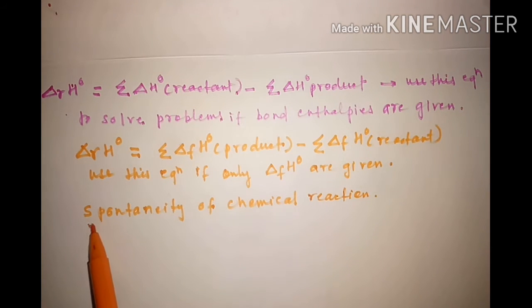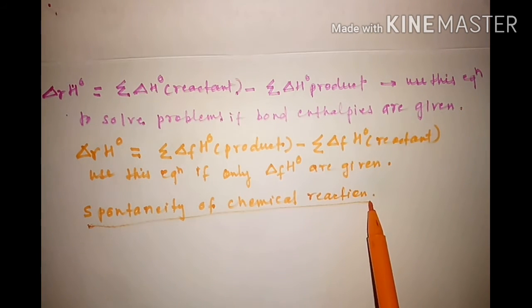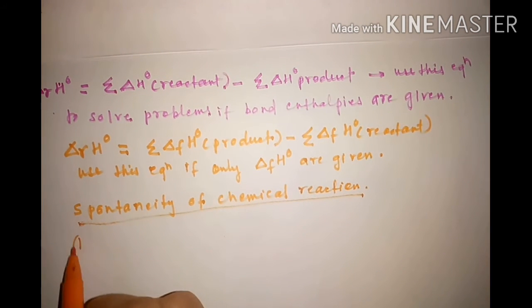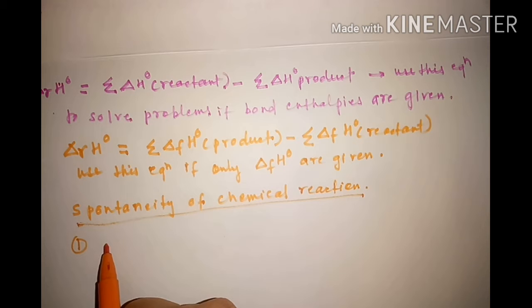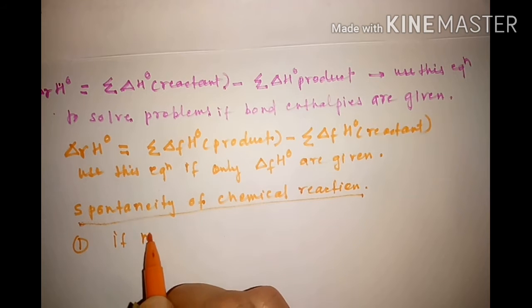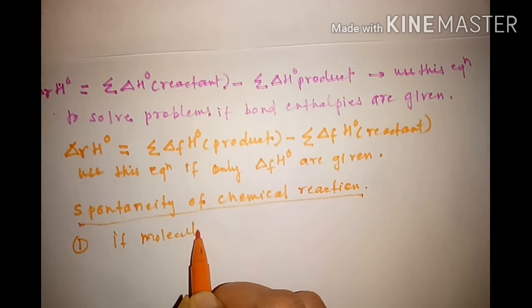Now the next concept, the spontaneity of a chemical reaction. If you are reacting two reactants together, the question arises whether they will react or not. So the first question is whether there will be a reaction or not, that is, whether the molecules react or not.